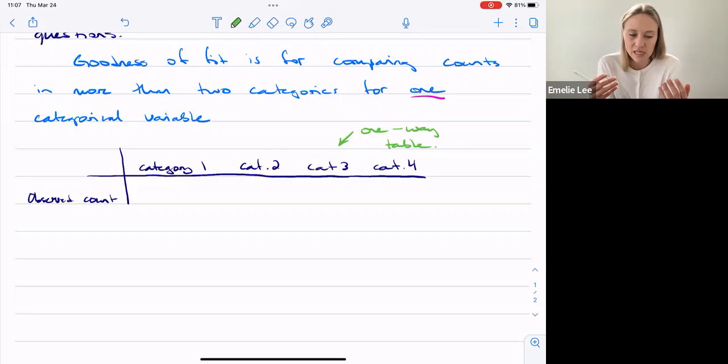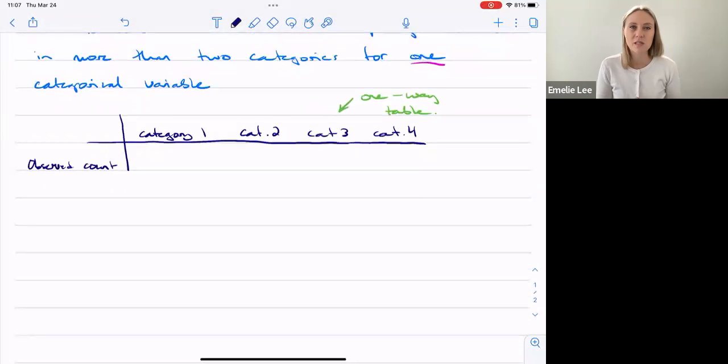And then we want to see, do these categories fit the distribution that we suspect they should? Or do we have evidence that the observed counts are significantly different from the expected counts? That's where we got to last day. We spent some time figuring out, and intuitively we know, how to find these expected counts.